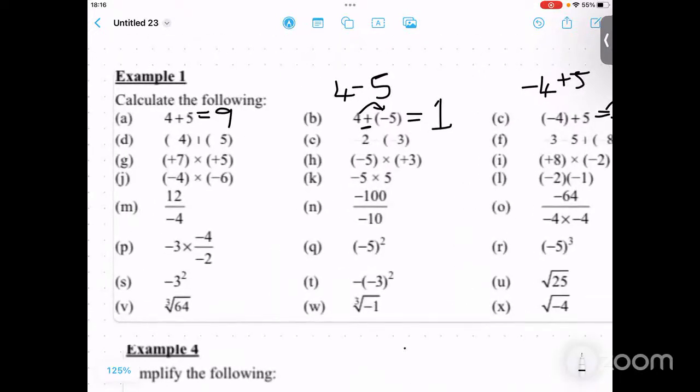Now let's go to D. In D, we are having minus 4 plus, in brackets, minus 5. How are we going to calculate this one without the use of a calculator? What are we going to do actually?